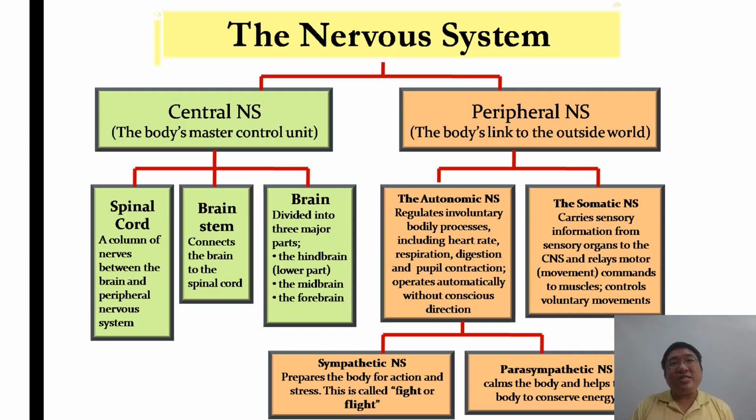The nervous system can be grouped into two main parts: the central nervous system and the peripheral nervous system. The central nervous system includes the spinal cord, the brainstem, and the brain, whereas the peripheral nervous system can be grouped into the autonomic nervous system and somatic nervous system.